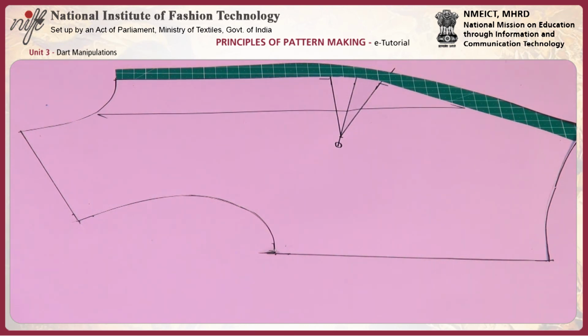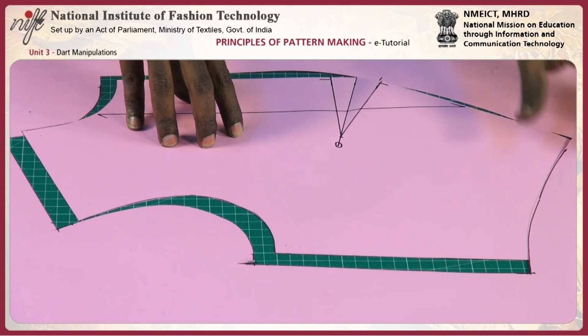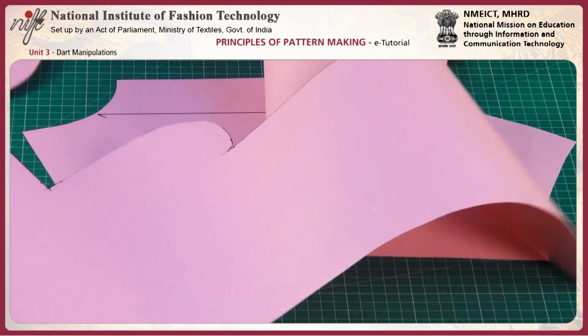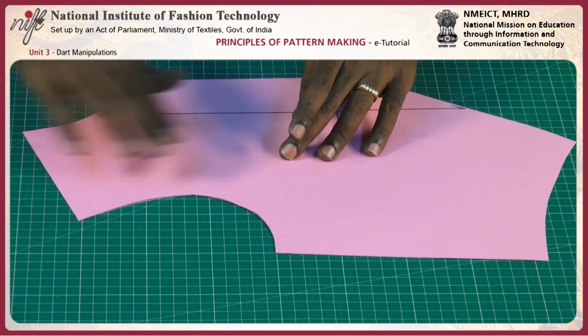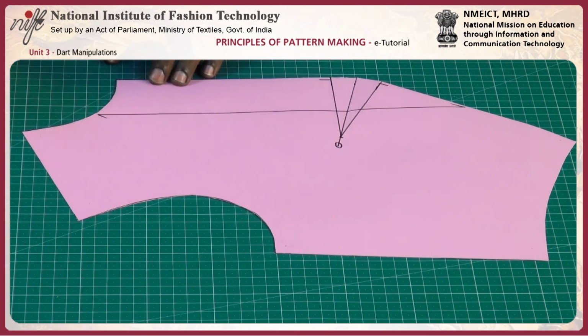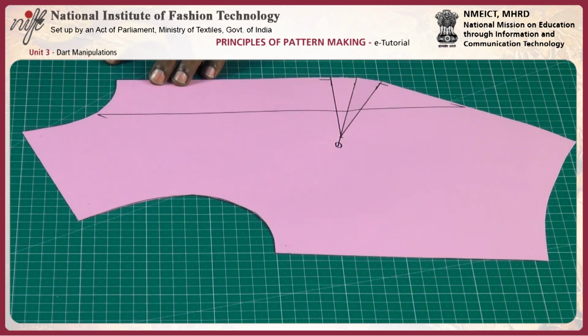Then complete your patterns. Now you have learned how to convert the waistline dot to the horizontal center front dot.